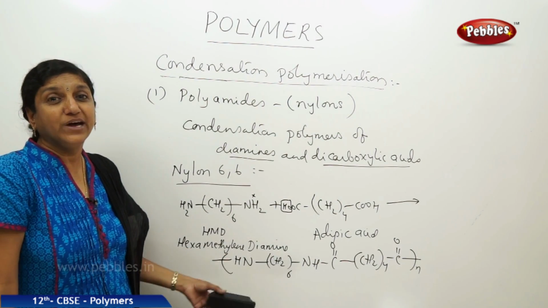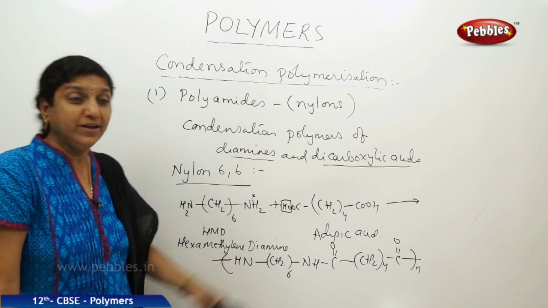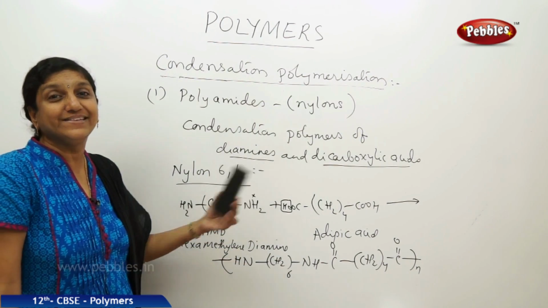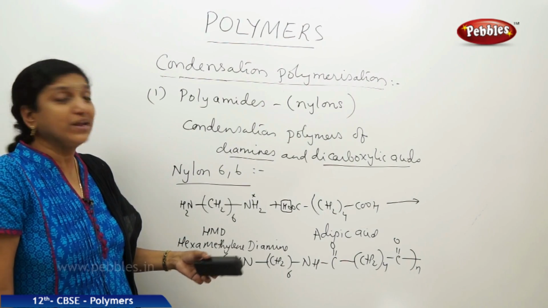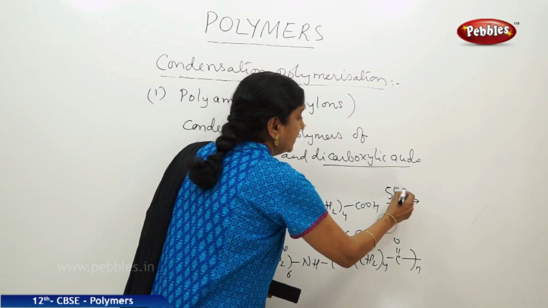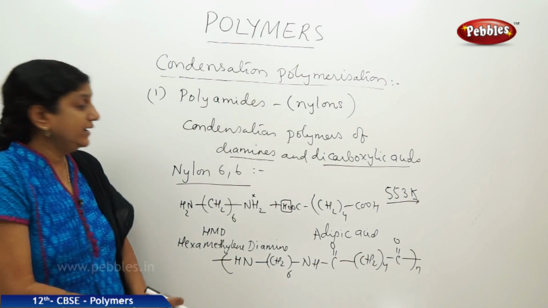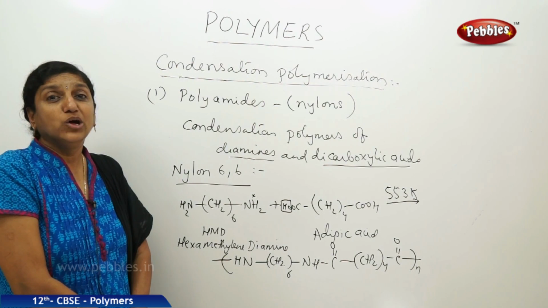That is the reason why this particular polymer or polyamide or nylon is called nylon 6,6, and the temperature required here is 553 Kelvin. So quite a high temperature is required over here, right, and that gives rise to nylon 6,6.